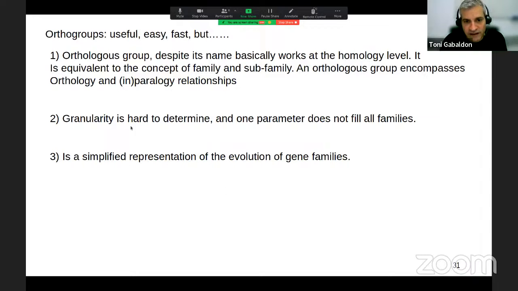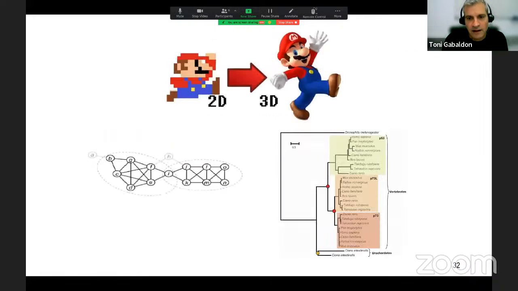It's difficult to determine the granularity, as I explained, and I think in essence it's a simplified representation of the evolution of gene families, because it's reducing the complexity into 2 dimensions from something that is actually more difficult.